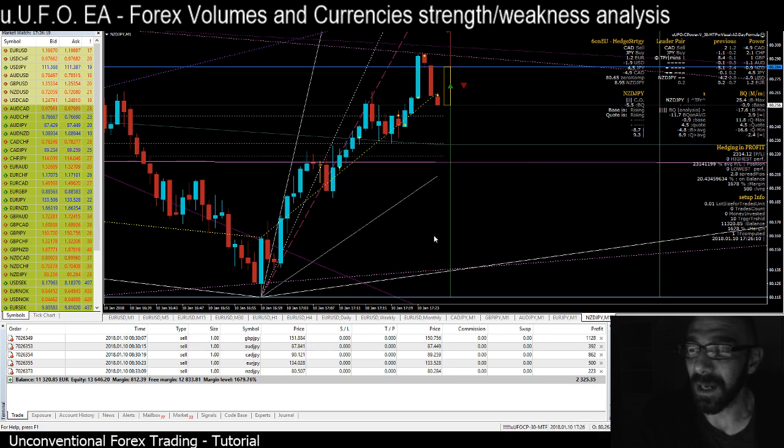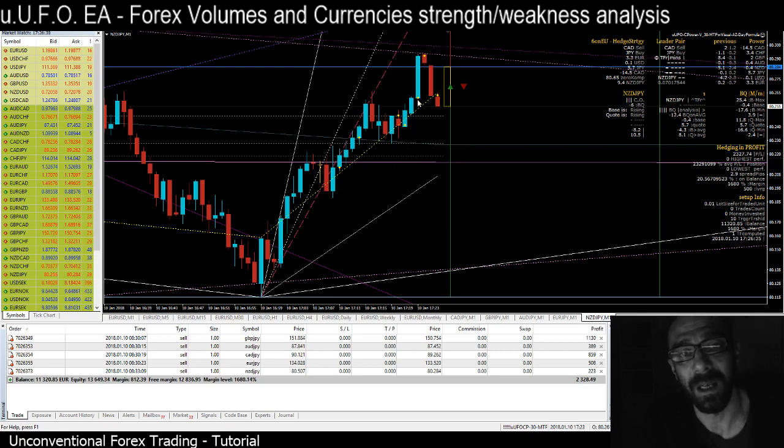So instead of having a vertical analysis of the volumes, which are bar by bar, are positioned on the chart, on the very same chart we are observing, which is easier to make our considerations.